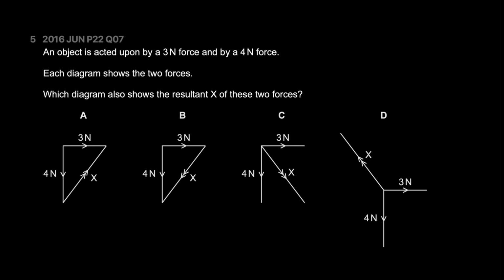So let's take case A. This is my 3 Newton force, and I know my 4 Newton force is over here, like this, right? How do I calculate it, or what is the technique? Well, it is the head to tail rule. What is it?